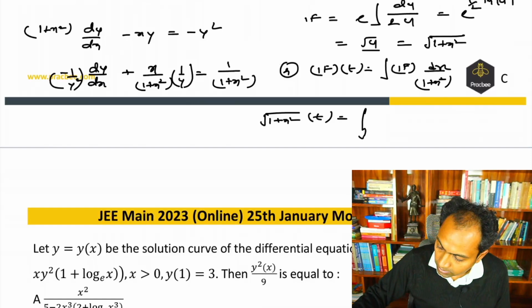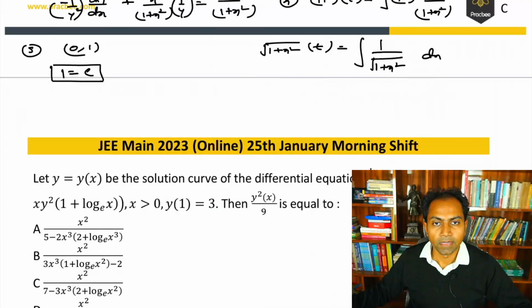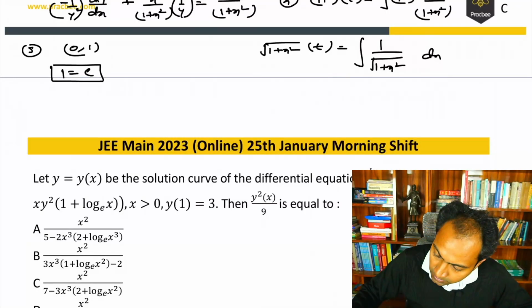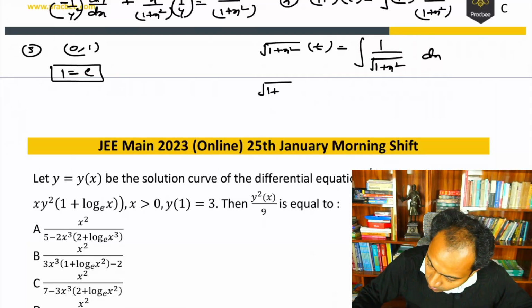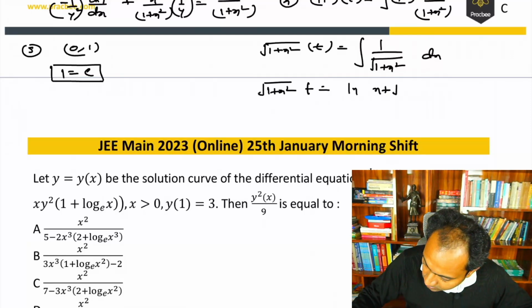Now on the right hand side, it will become root of 1 plus x square by 1 plus x square. If I simplify, it will become 1 by root of 1 plus x square. If I solve it further, the integration comes out to be ln of x plus root of 1 plus x square plus c.